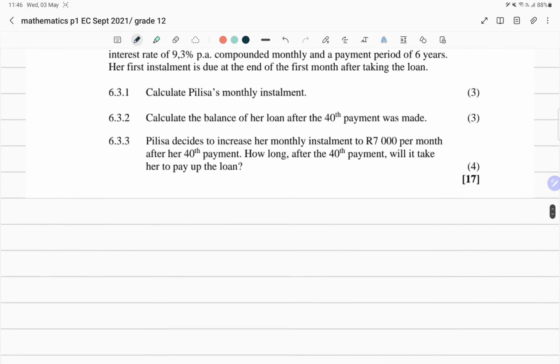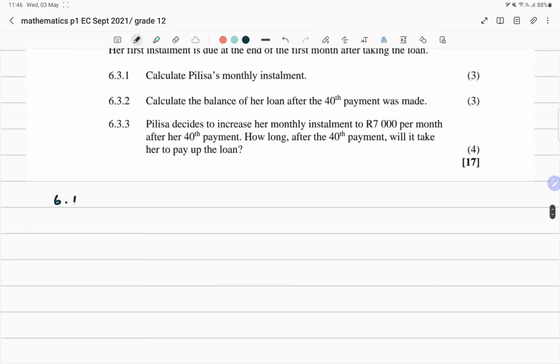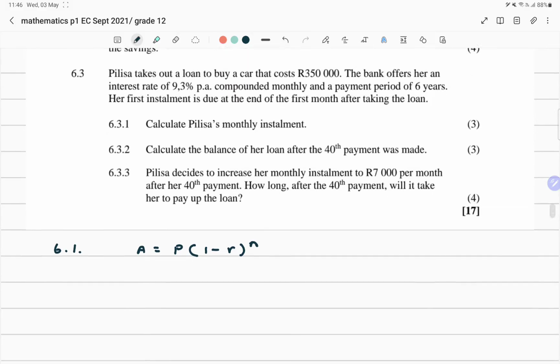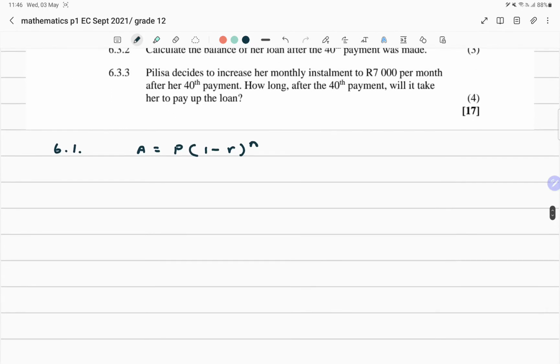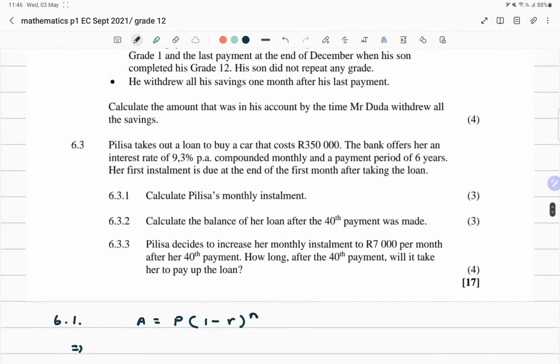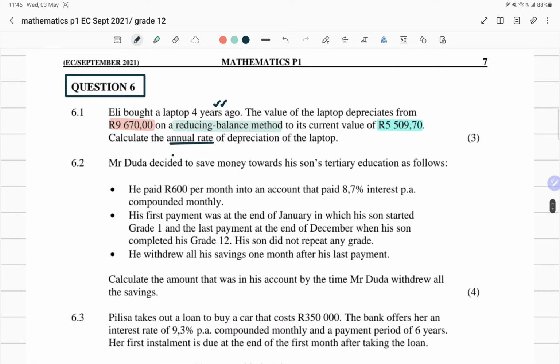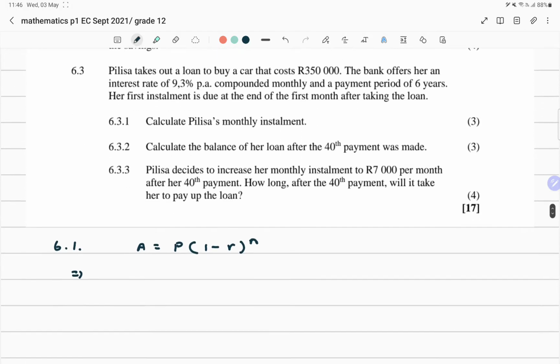Easy stuff. So 6.1. What do we know? We know that A equals P into 1 minus R to the n. That is the reducing balance formula. Great. And now this one, we were told that it does this annually, meaning yearly. So what does this imply? That it reduced to 5,509.70.